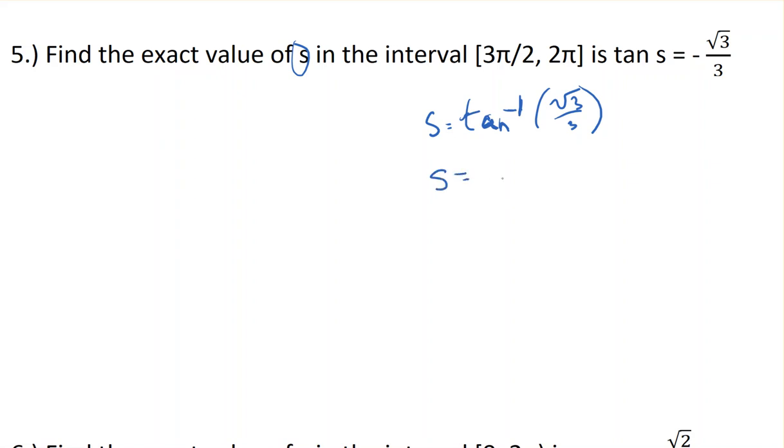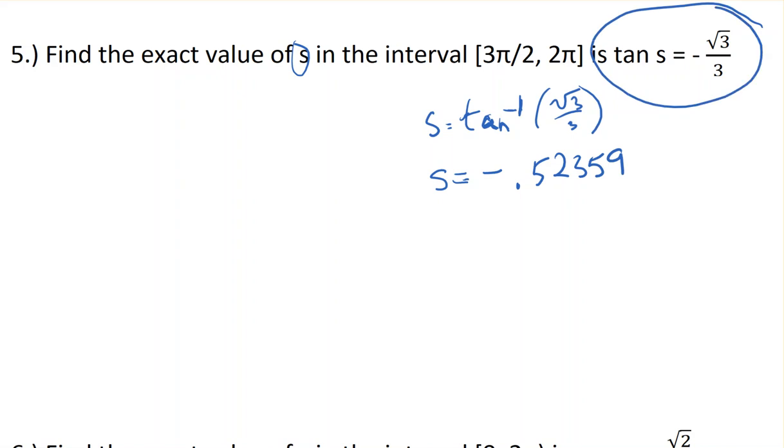And what you're going to get, so pause it if you haven't gotten it yet, is negative 0.52359 approximately. Now, that is an angle. It is an angle that will solve this equation right here. If we put it in, that will definitely give us an angle.